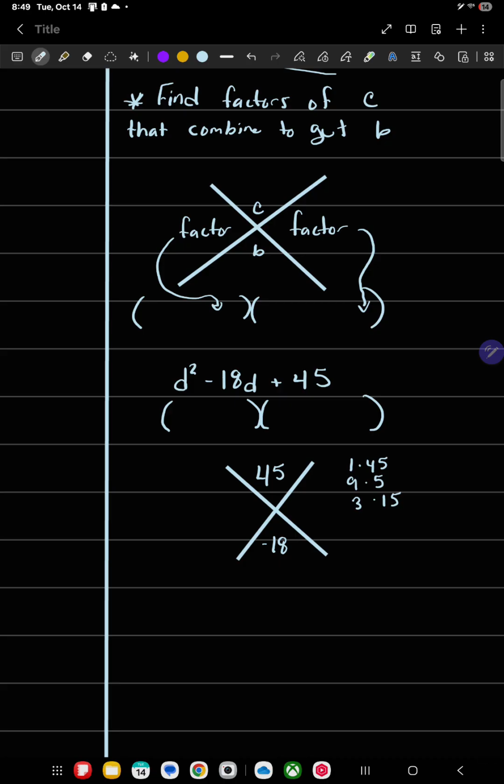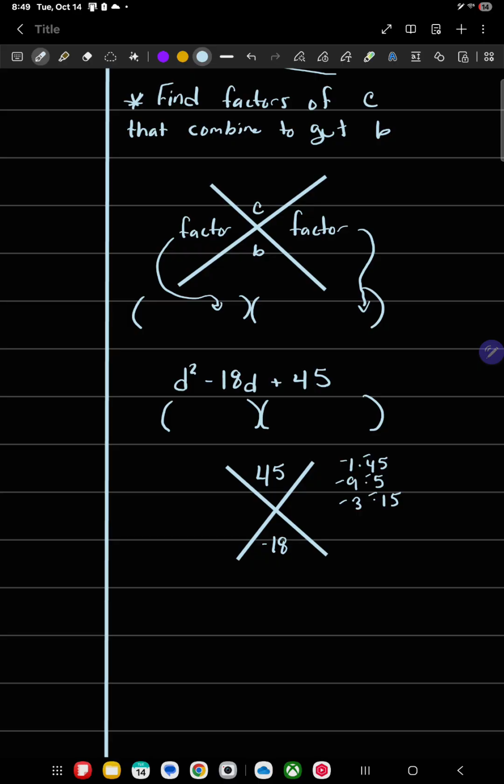All right, now there's nothing we have here that will combine to give us negative 18. So what's another way to multiply to get a positive number when using factors? We know a positive times a positive gives you a positive, but what else would give you a positive when you multiply? Two negatives. Negative times negative.